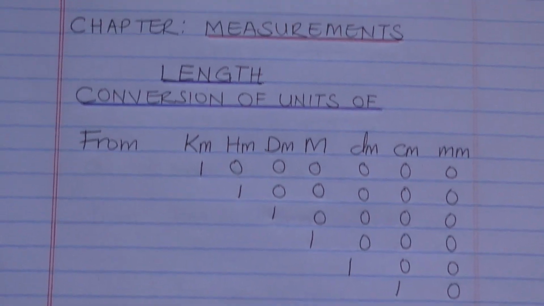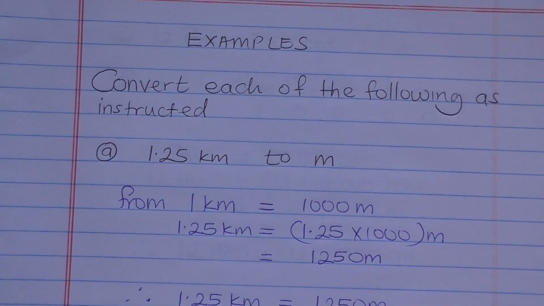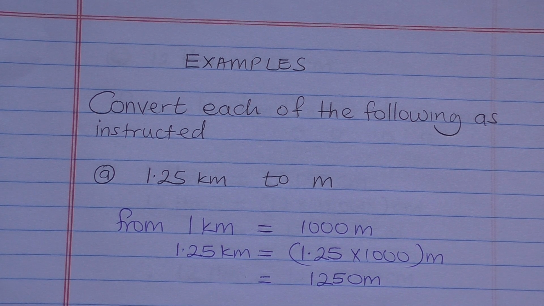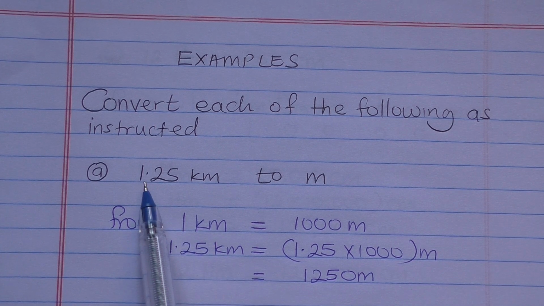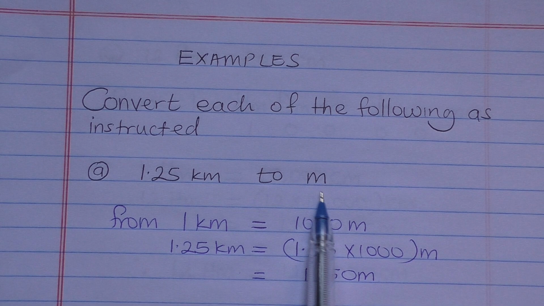I want us to look at the examples. In our first example, we are told to convert each of the following as instructed. Part A is where we have 1.25 kilometers to meters.